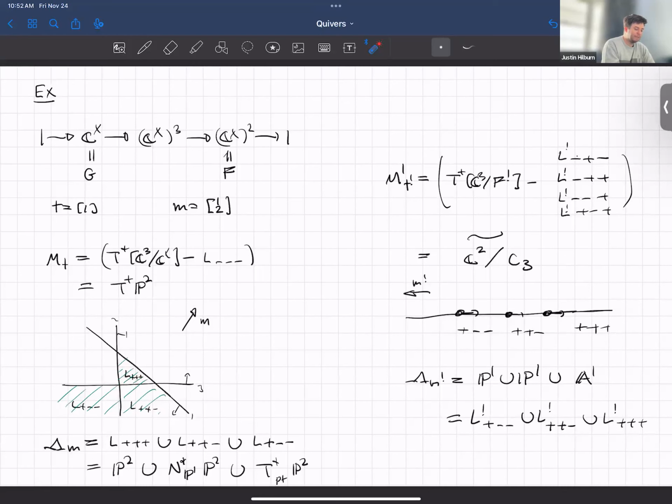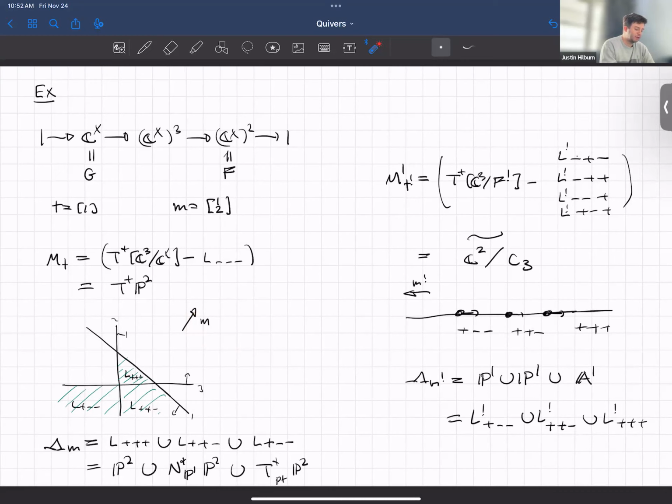And then your mass parameter is determining for you a functional on this hyperplane arrangement. And the way that you tell whether a chamber is in the attracting set for the mass parameter is you ask, does this function attain a maximum on this chamber?